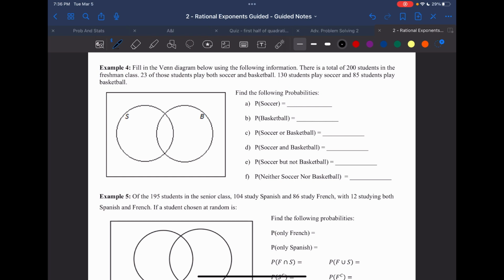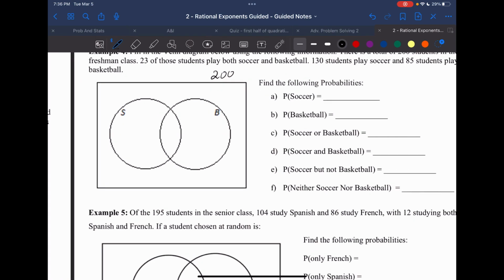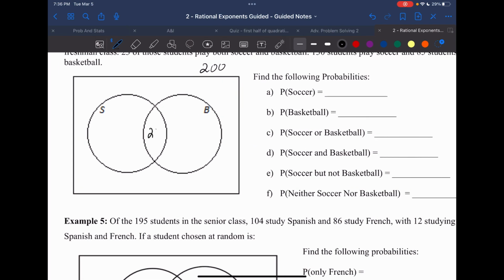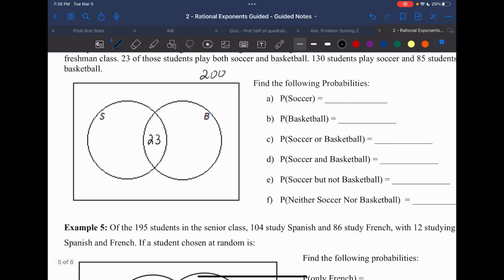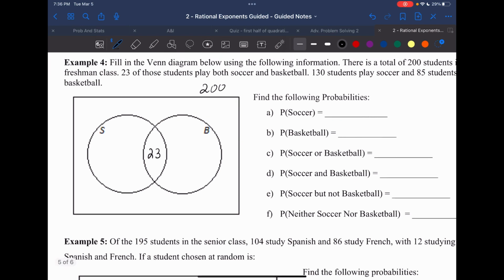First of all, we know there's 200 students total, right? 23 of those students both play soccer and basketball. So both is going to be here, 23. 130 students play soccer.